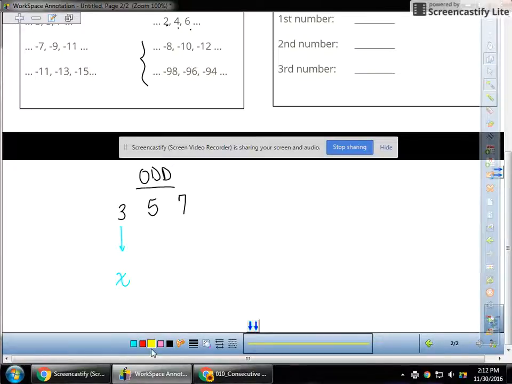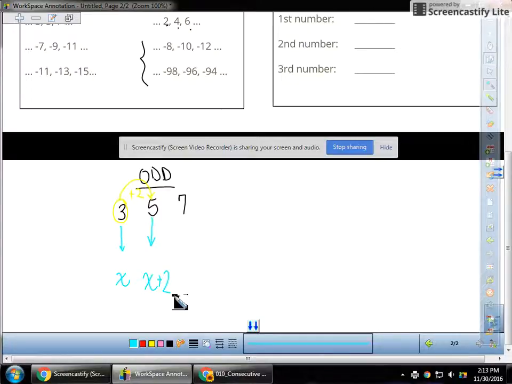But then I have to ask myself, how do I get from my first odd number to my second odd number? And you should be able to see that you add 2. So in order to write my second odd integer algebraically, I take the first number and add 2.